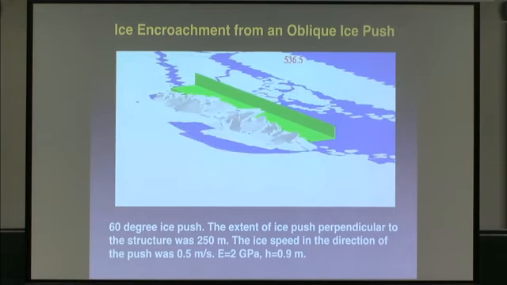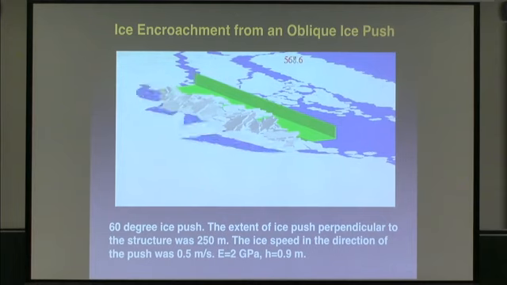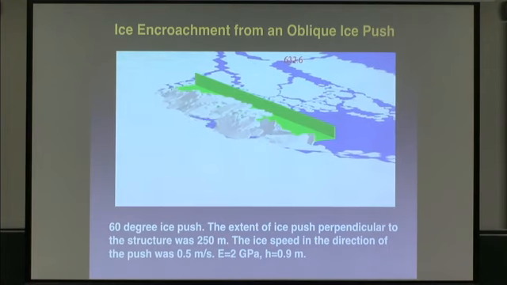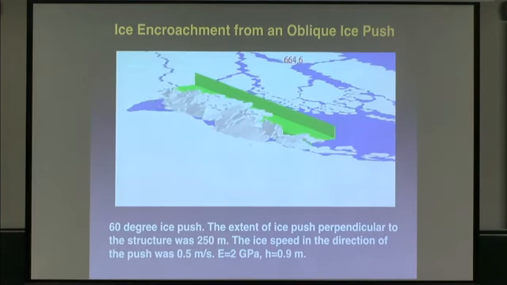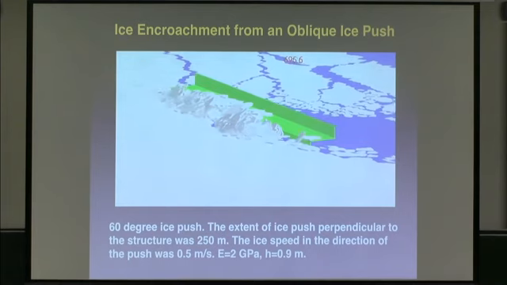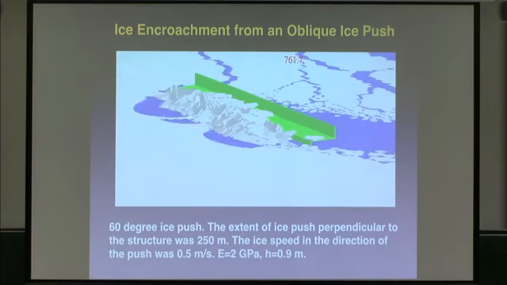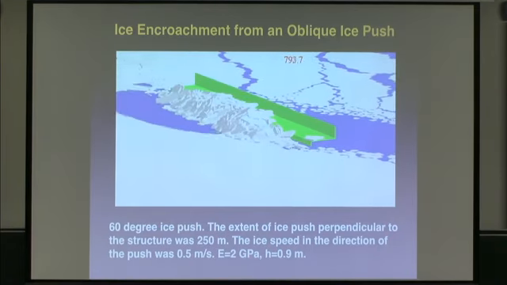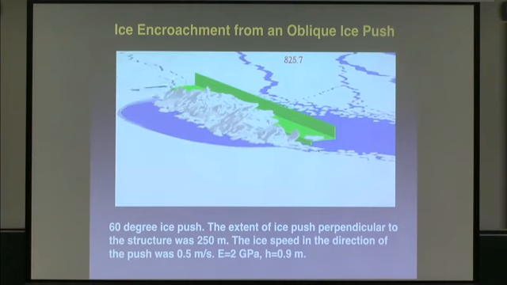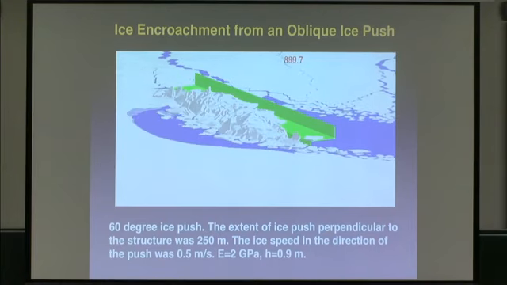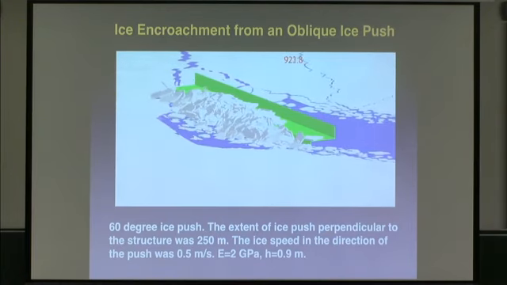Now you've already got some encroachment. It was kind of amazing, even at 60 degrees, to have this degree of encroachment. I would have thought it would all go by, but it's not the case.